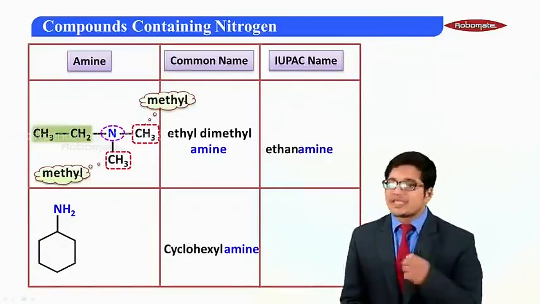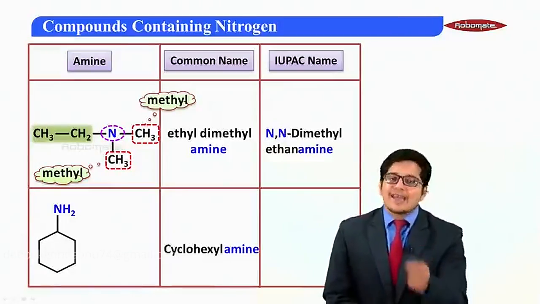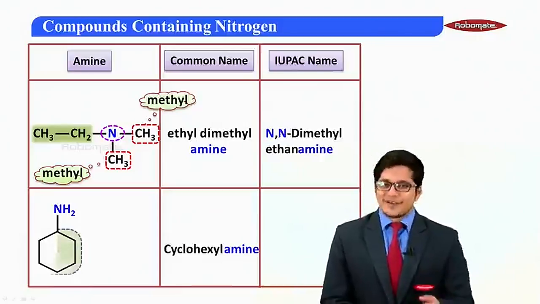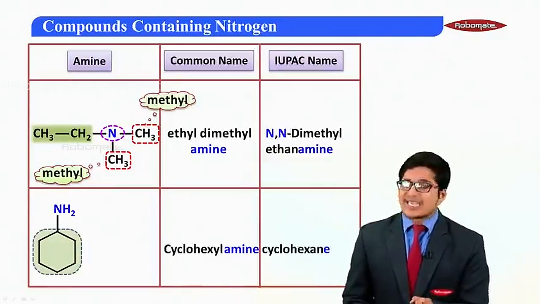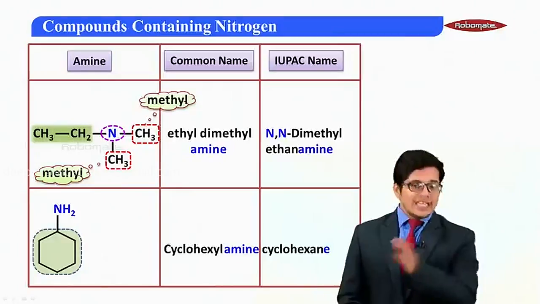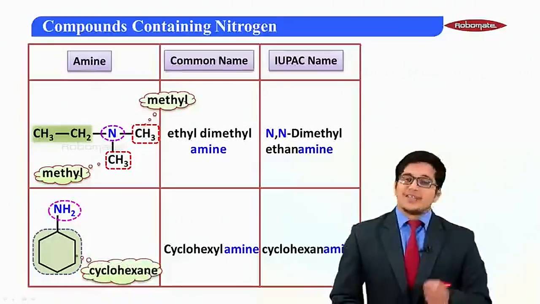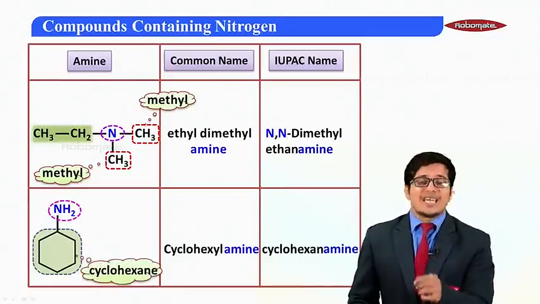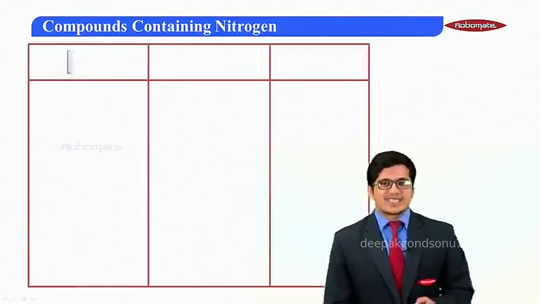You have two methyl groups, so it is dimethyl, but it is N,N-dimethyl. Moving further into the next compound, what group is present over here? Is it a cyclohexane? Yes. E should be removed. Instead of that, what should be added? Amine should be added. So the entire name would be cyclohexanamine.